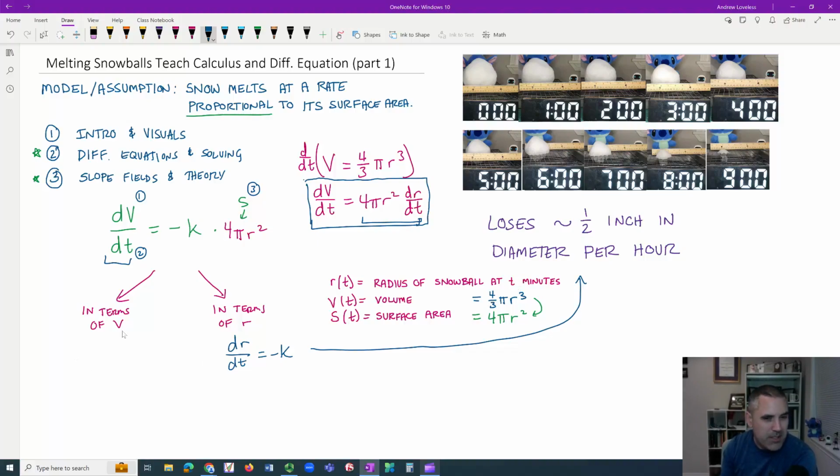The volume one is messier because you're going to have to get rid of r. In order to get rid of r, you'll have to solve for r in terms of v. So if you solve this for r, which I'll do in my next video, and plug it in, then you get a differential equation for v.